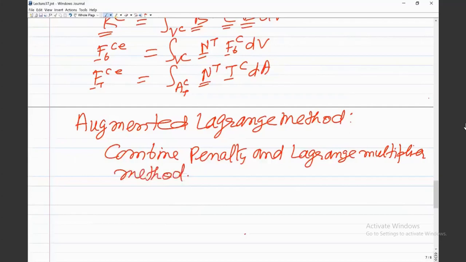All these are actually constraint optimization techniques. If you study optimization, you have the Lagrange multiplier approach, and based on that you derive the first order necessary conditions, known as the Kuhn-Tucker conditions, KT conditions. You also use the penalty method in optimization, and in the penalty there are a couple of variations, and you also use the augmented Lagrange method in optimization. So contact problem solving is like solving a constraint optimization problem.